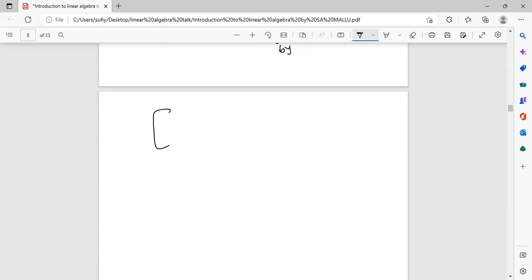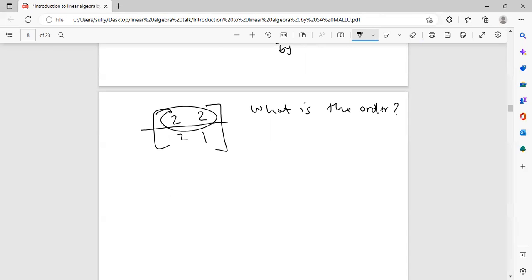Okay, let's look at one more example on the order. If you now have this matrix, can one of you tell me what is the order of this matrix? As you can see, we have row number 1 and row number 2, so m is equal to 2 rows, and n, which represents columns, is also 2.